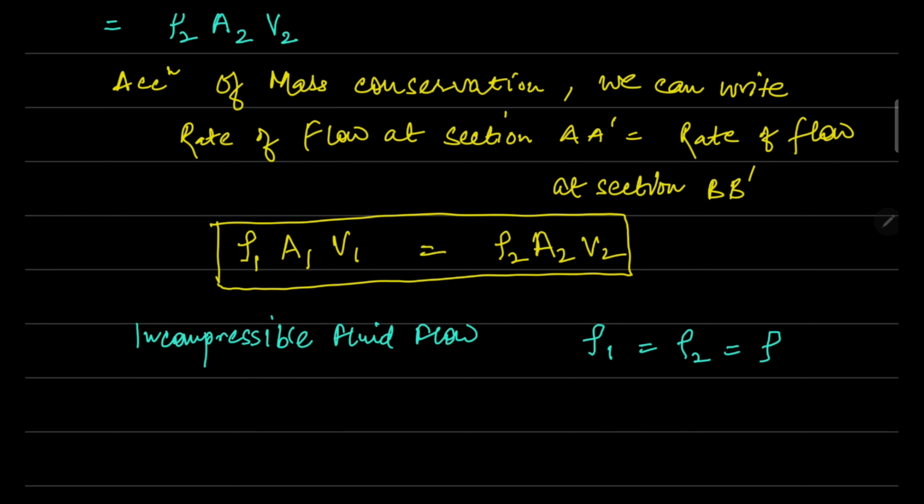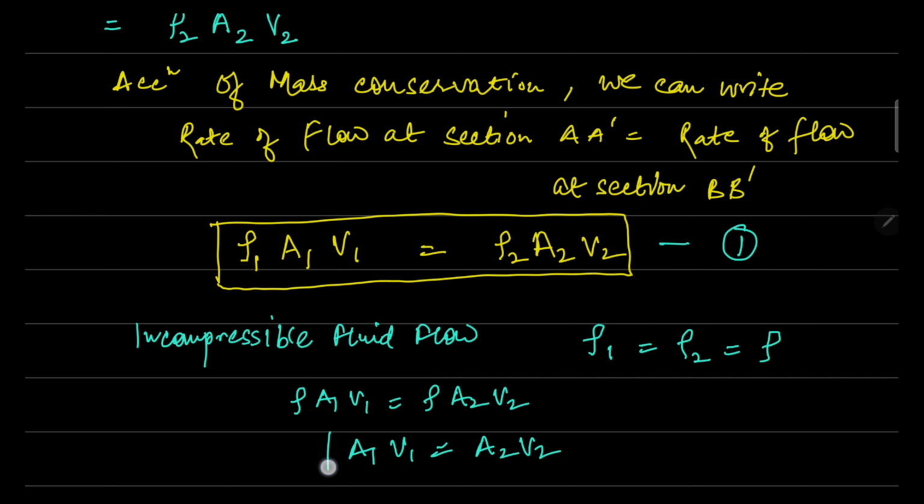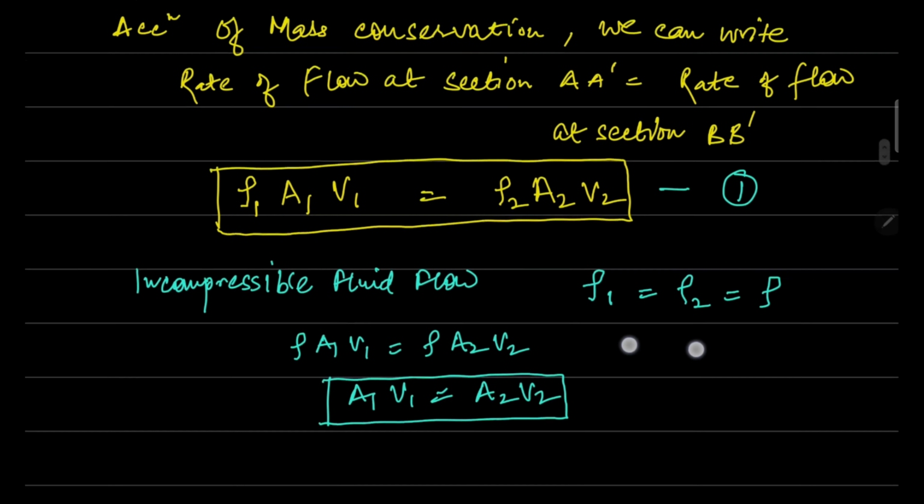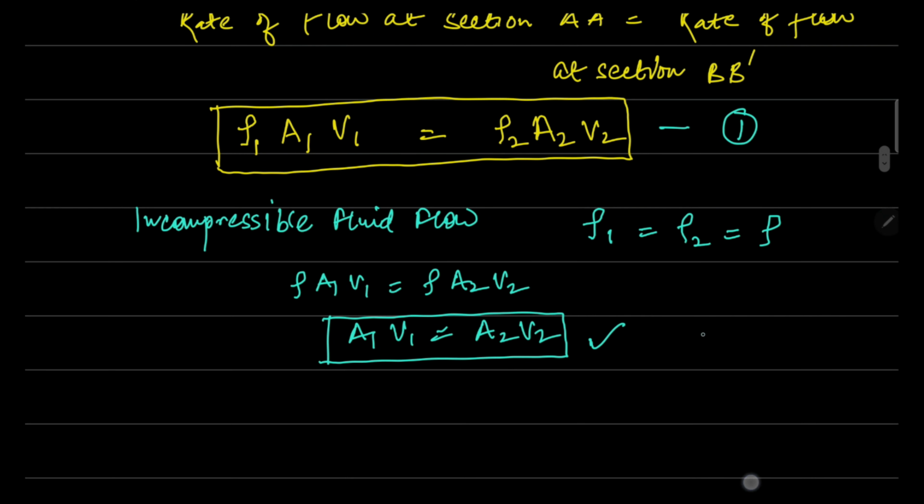So we can modify equation 1 as ρ A1 V1 is equal to ρ A2 V2. So we can write A1 V1 is equal to A2 V2. So for an incompressible fluid flow, the continuity equation looks like this.